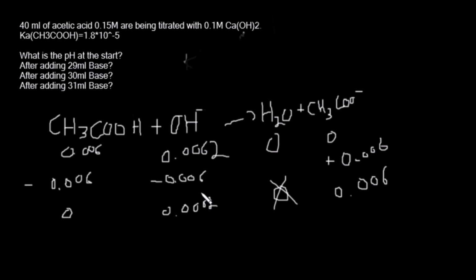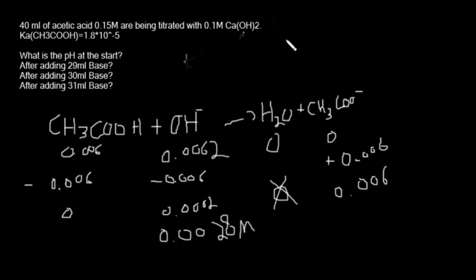We find the concentration. The concentration is the number of moles divided by the total volume, which is 71. The concentration is 0.00282 molar. Okay, so this is the concentration of OH minus.